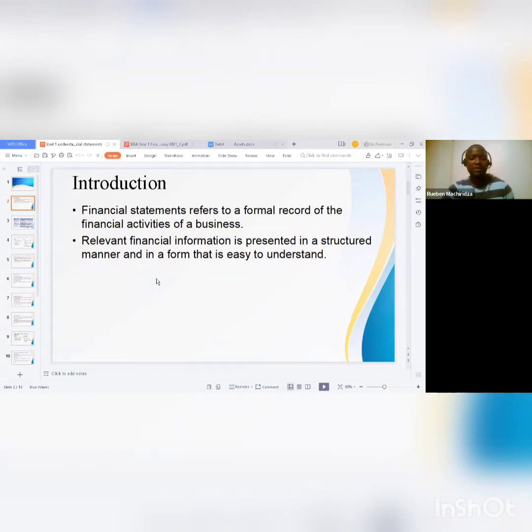In the course of your study, you will see that you have formats that you are expected to know from the back of your hand, that you must follow and adhere to when you are preparing your financial statements. It is very important that you familiarize yourselves with the formats of the specific financial statements we will be dealing with. The failure to adhere will result in deduction of marks or even failure in your module. So it is very important that you know the format of financial statements.